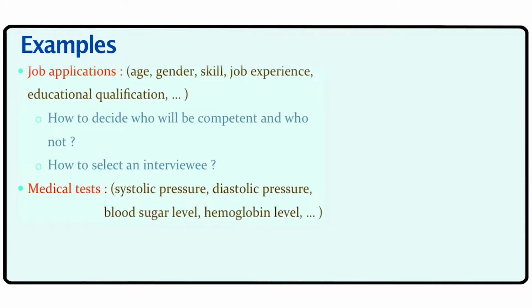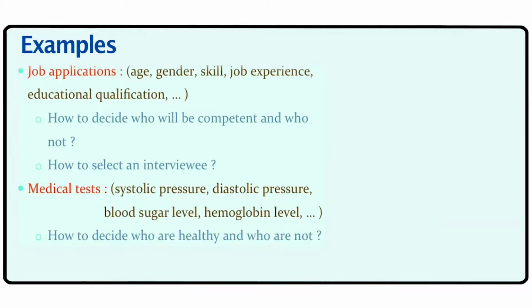Let us look at another example. When you go to a doctor, the doctor asks you to go for medical tests. And you look at the blood pressure, which is the systolic pressure and the diastolic pressure. You look at the blood sugar level, you look at the hemoglobin level, you look at many other pathological test results. Now the question is, how does the doctor decide whether the person is healthy or not?